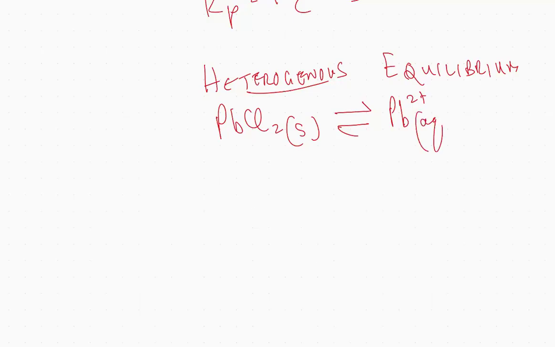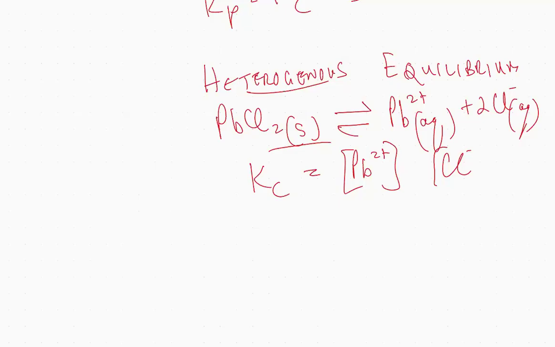So here, if you have to write Kc, solids or liquids we don't count, so this will be the product. The concentration of chlorine, considering the stoichiometry, and then we don't put this one, so that's it. This is Kc.